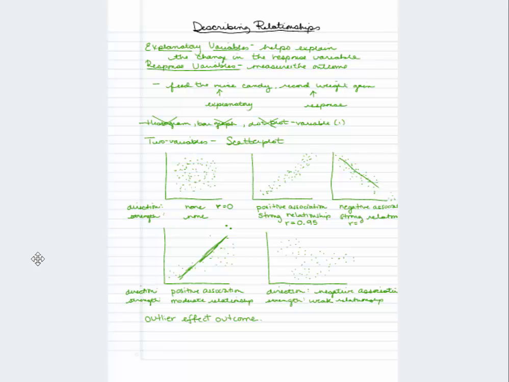Strong negative relationship would be negative 0.95. The highest you can go is 1, and that would be perfect, makes a perfect line. And the lowest you can go is negative 1, which would make a perfect negative sloped line.